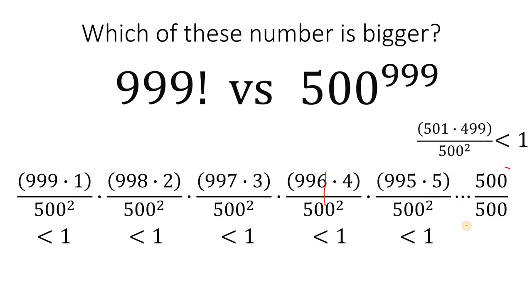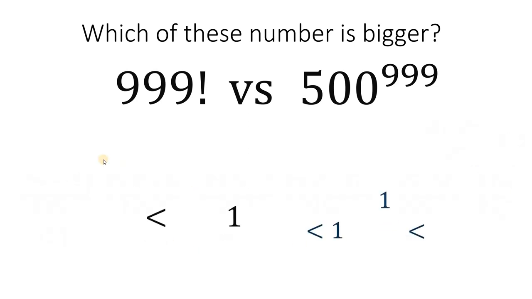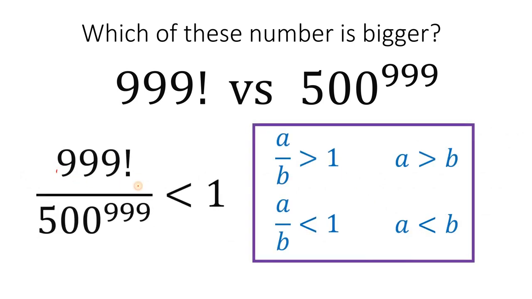And this is a nice case because 500 over 500 must be equal to 1. A number less than 1 multiplied by a number less than 1, and so on, and multiplied by 1, is still less than 1. Therefore, 999 factorial over 500 raised to 999 is less than 1.